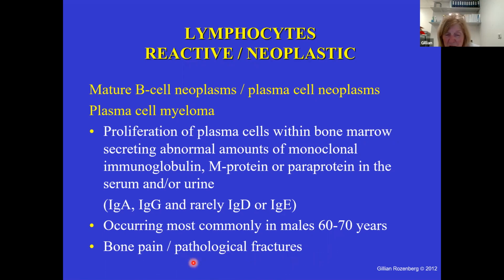The pathological fracture is because these cells do penetrate into the bones, and so the bones become weakened. A pathological fracture is when somebody doesn't put much weight on perhaps their leg and fractures their femur. Just pathological fracture without any effort, they fractured a bone. That's a classical feature of this disorder.